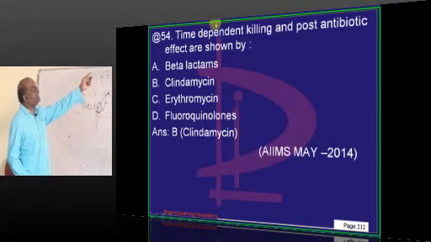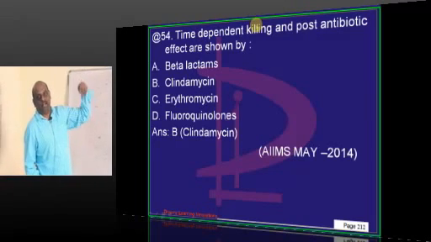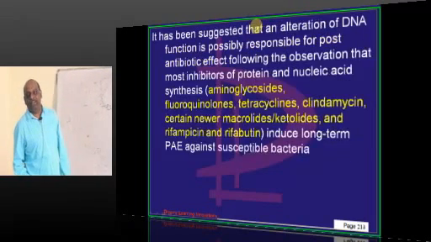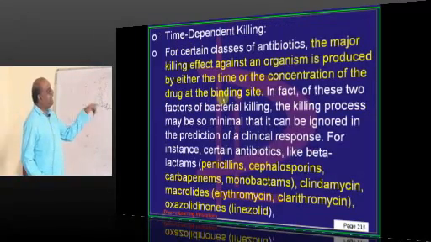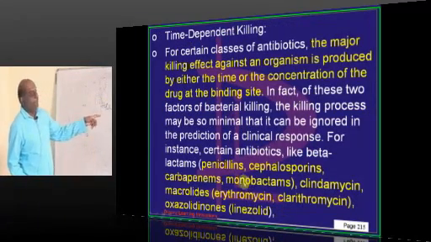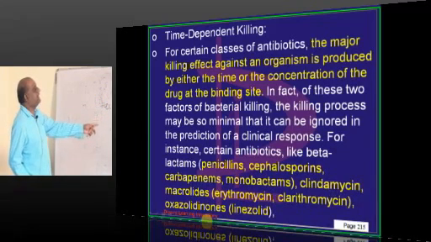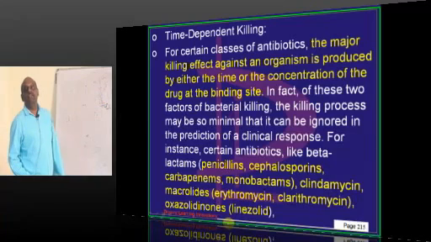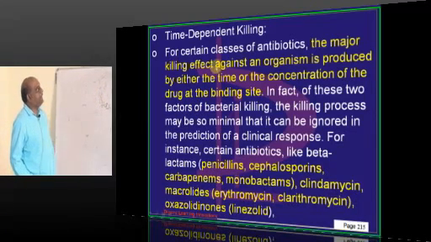But out of these two, which is time dependent killing, which is concentration dependent killing is the important issue. So basically time dependent killing is shown by penicillins, cephalosporins, carbapenems, monobactams, clindamycin, macrolides and linezolid. They all basically show time dependent killing.